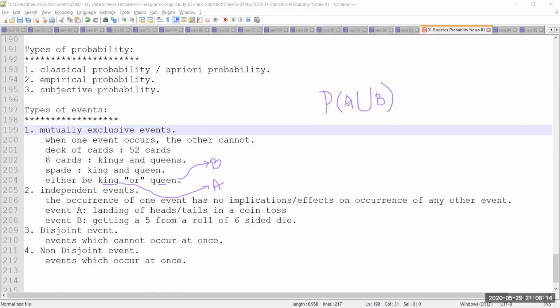If events A and B are mutually exclusive, they are represented by this set theory symbol, also known as the union symbol.